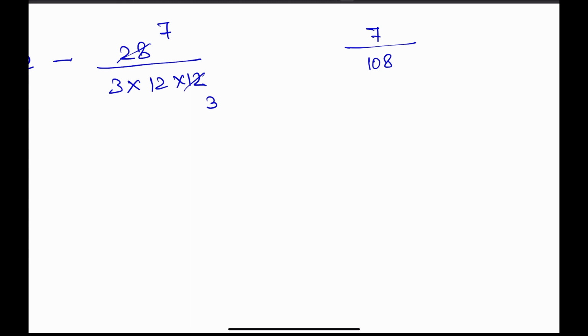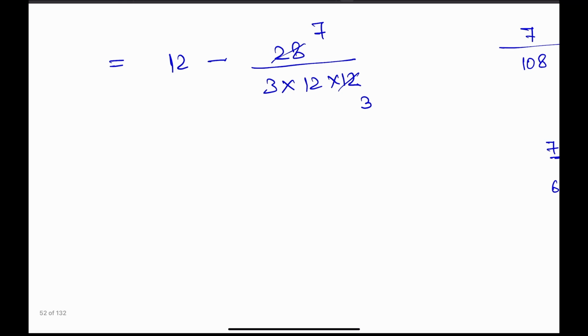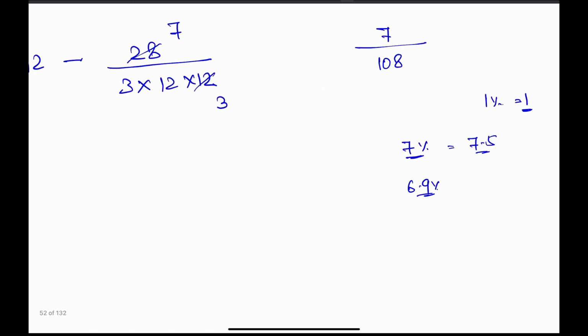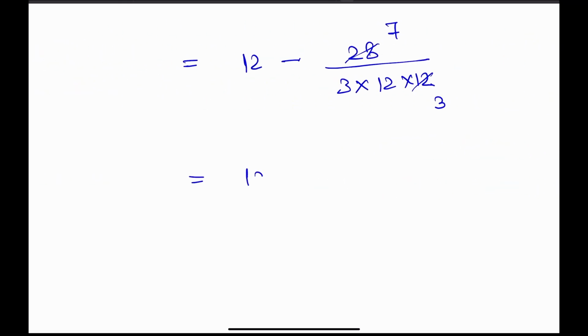Okay, so 1% is 1, so approximately 7% is 7.5, so 6.9% let's just take. Okay, so we can write it as 12 minus 0.069 now.